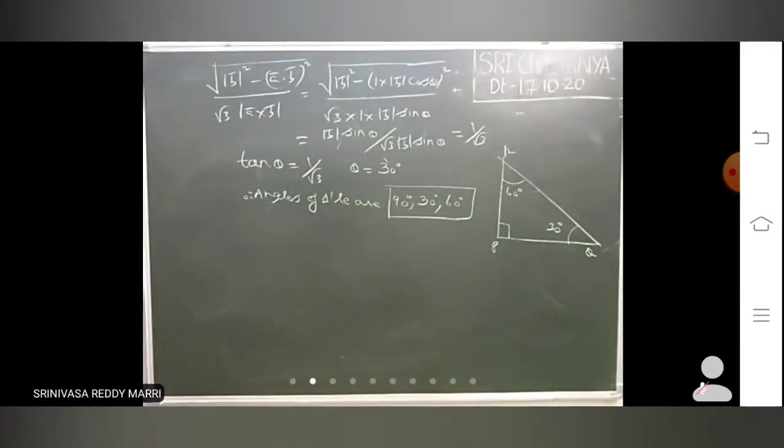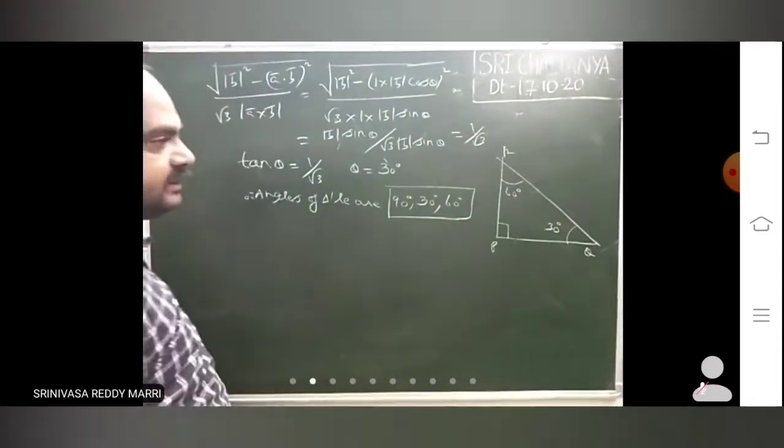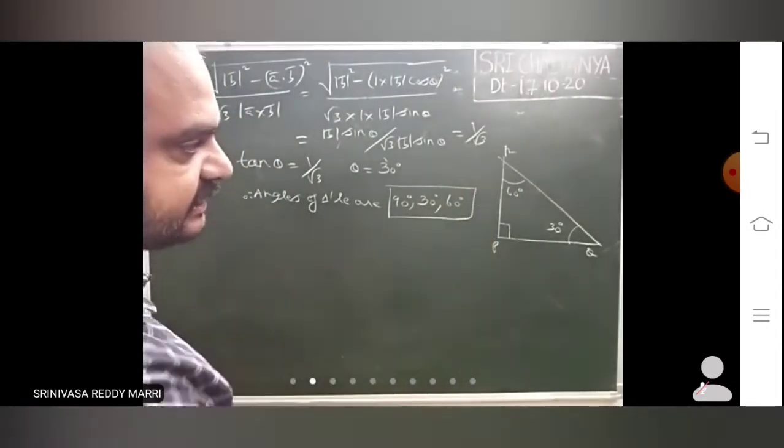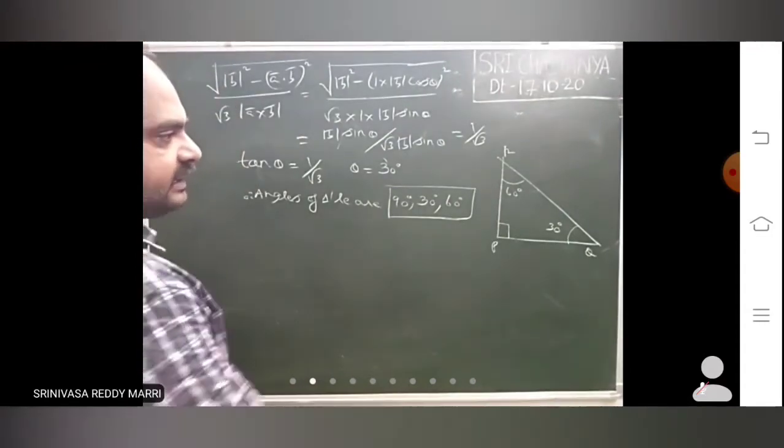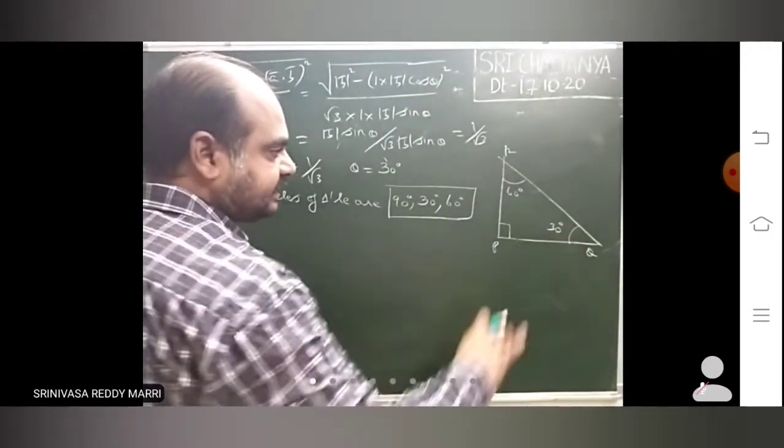These are the three angles of the triangle. Like that, first you have to identify the dot product. He will give the vectors such that the dot product is 0, and then you can calculate the other angle by taking theta.